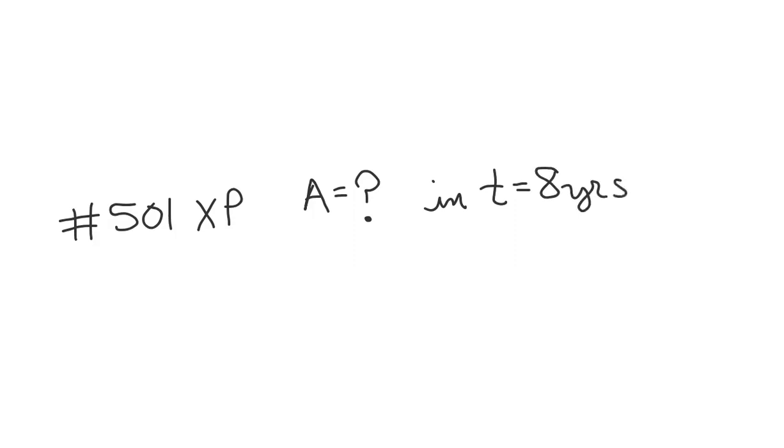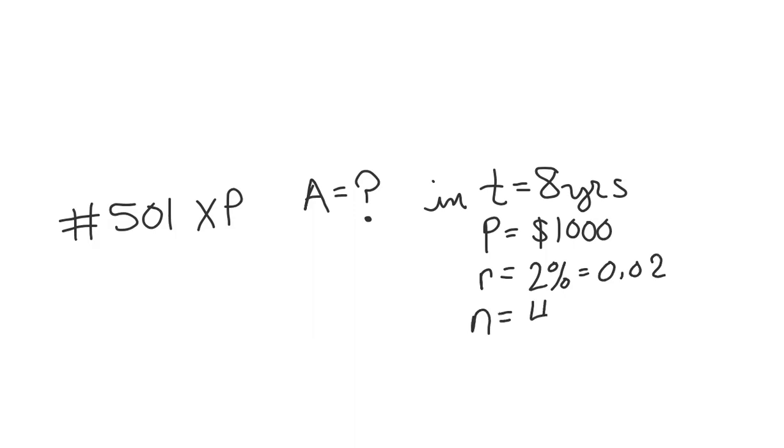How much would you have in the future in 8 years if you purchased a $1,000 8-year savings certificate that paid a rate of 2%, which in decimal form is 0.02, compounded quarterly. So n is 4 because we compound quarterly.